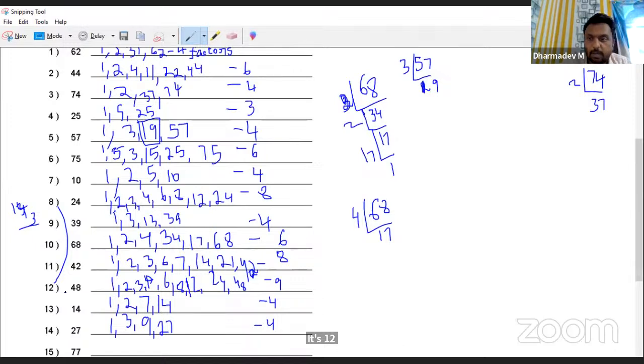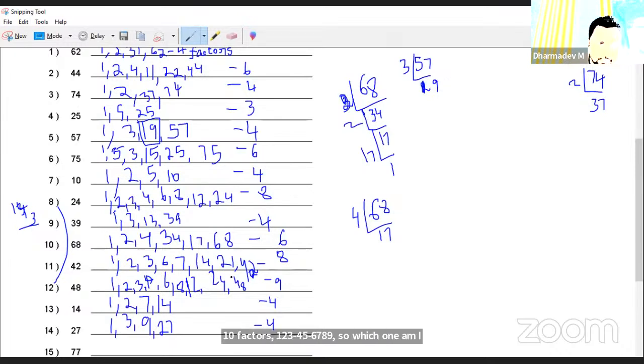So 1, 2, 3, 4, 5, 6, 7, 8, 9. So which one am I missing? 16. Yeah, okay, 16 also. Thank you. So total there are 10 factors. Then 77: 1, 7, 11, 77. So 4 factors. Okay.